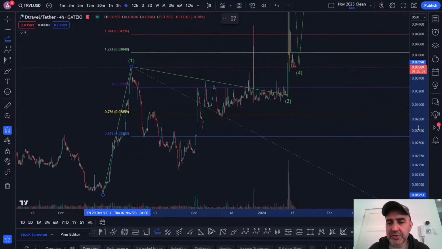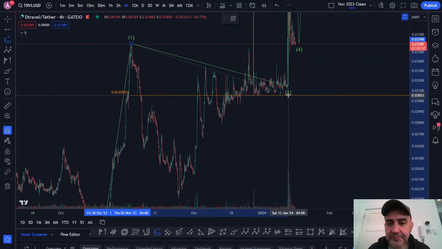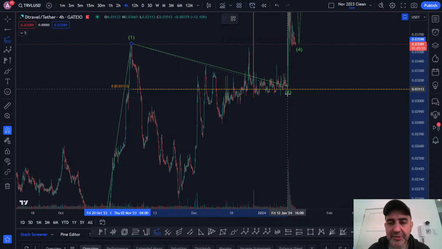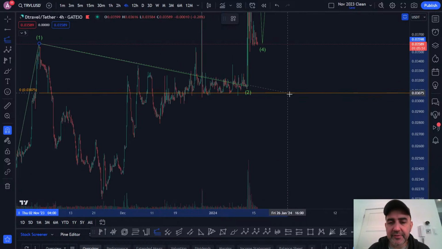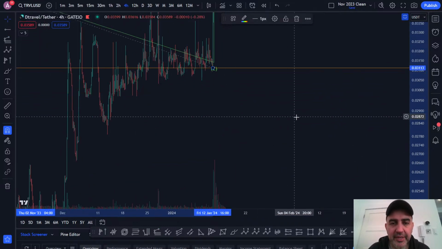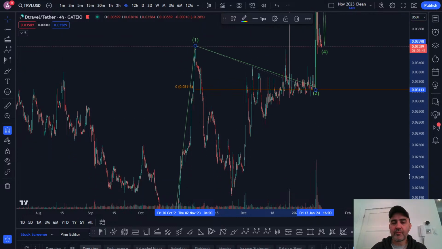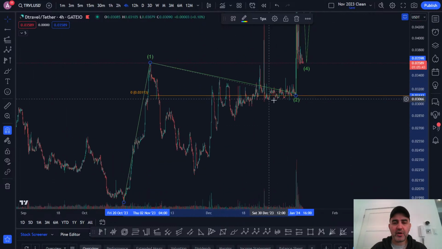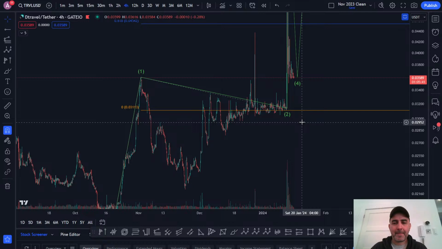Where does the 2 start? It's very subjective. Does it start here? I would say probably here. This bullish low here. Even though you have lower lows, maybe the one that impulsed up.